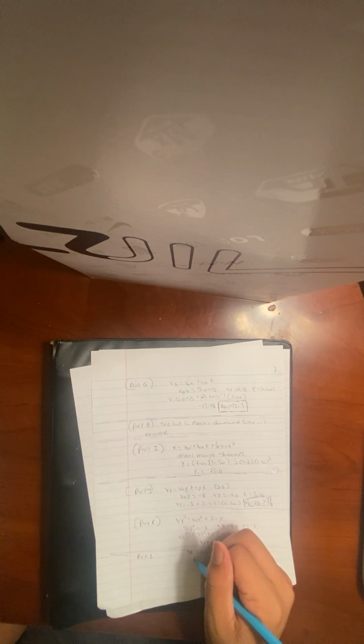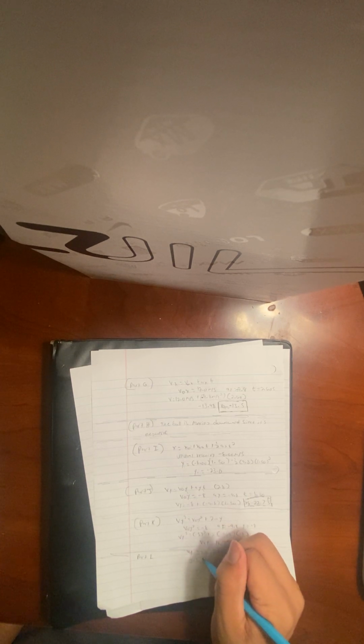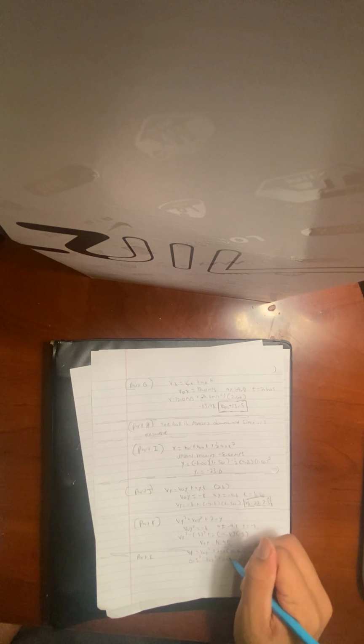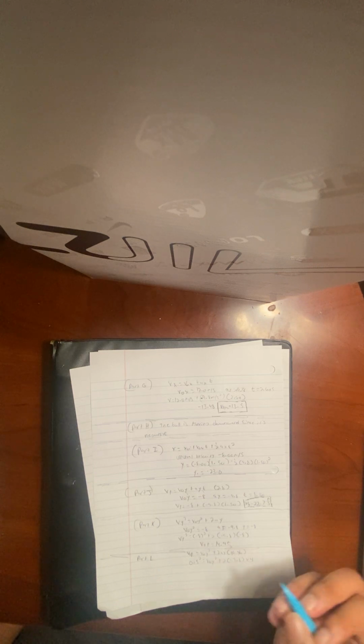We already have pretty much the values given to us, so we can just plug them in. It'd be 0.5 squared equals Voy squared plus 2 times negative 9.8 times 4. And with that, we're just going to solve this.